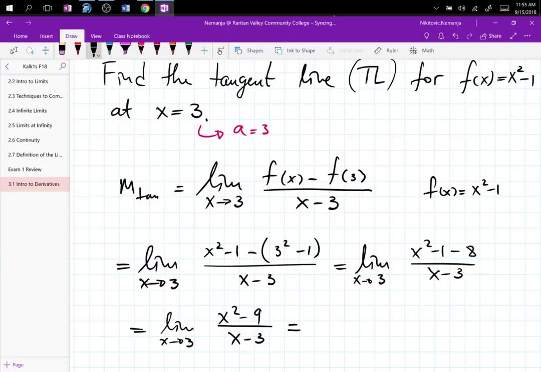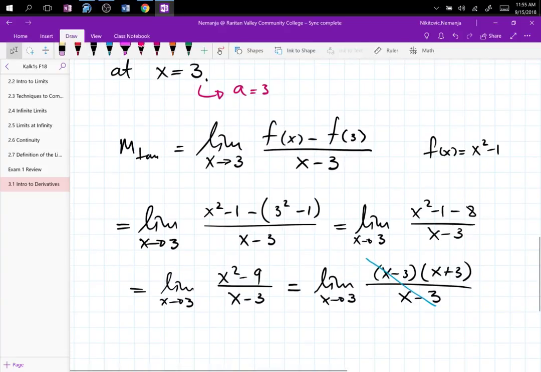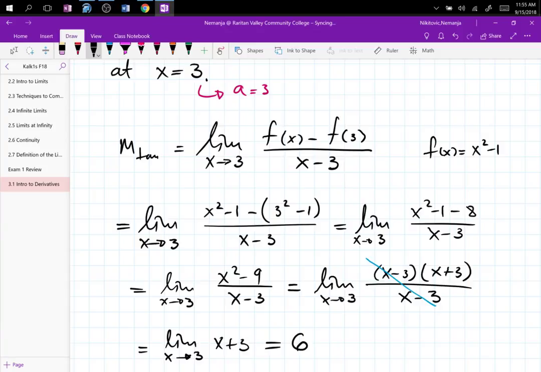Factor. Limit as x goes to 3 of x minus 3 times x plus 3, divided by x minus 3. This dies. We are left with the limit as x goes to 3 of x plus 3, which is 6.